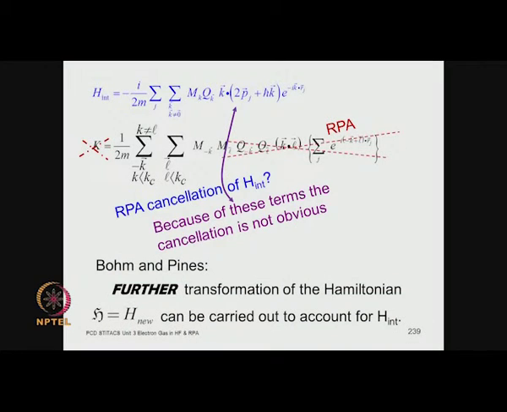So, if you do a further transformation, and this was carried out by Bohm and Pines, it enables you to take into account major effects of the H interaction term by ignoring certain terms.